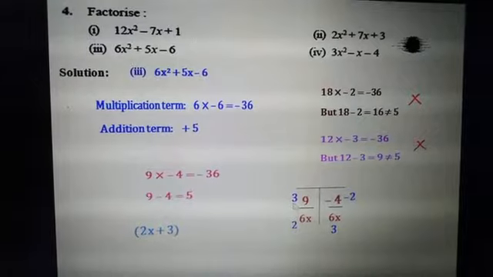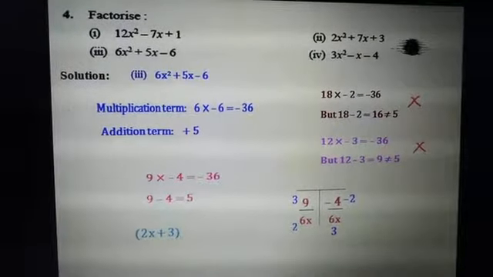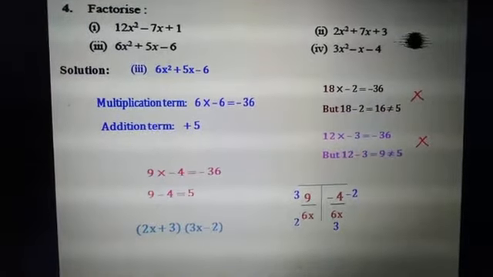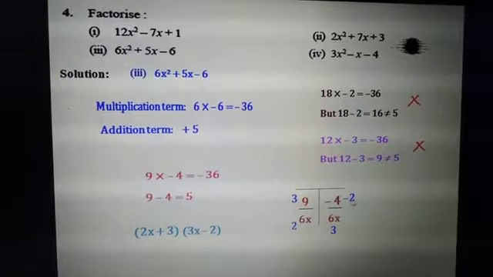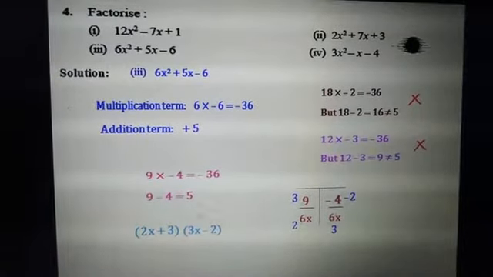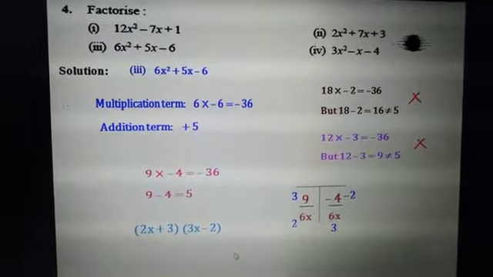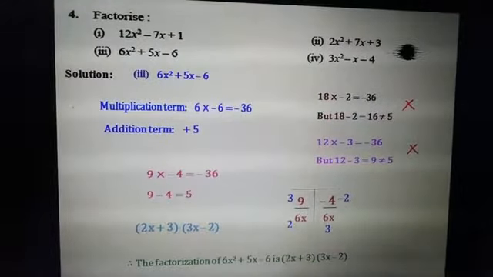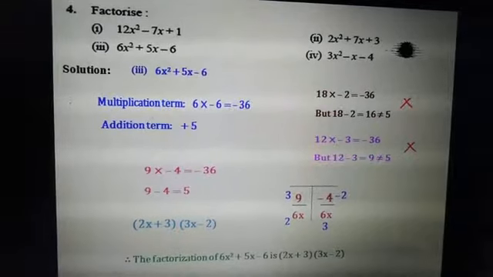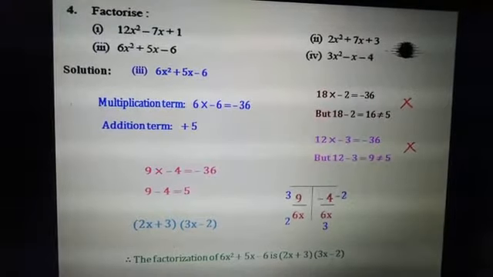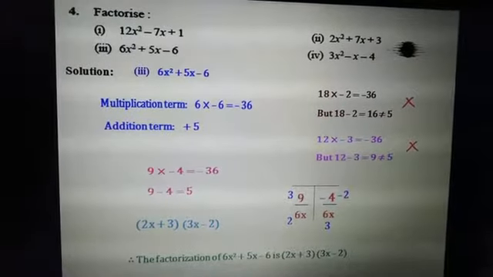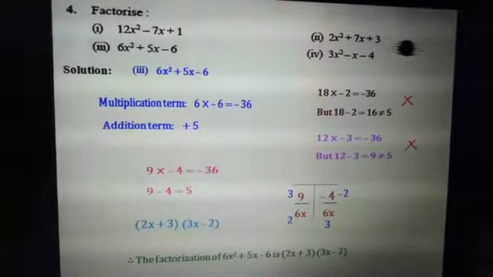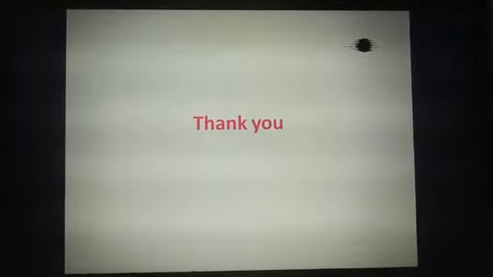So 2x plus 3 is the first factor. The second factor is here 3x minus 2. So we have to write 3x minus 2. Therefore the factorization of 6x squared plus 5x minus 6 is 2x plus 3 into 3x minus 2.